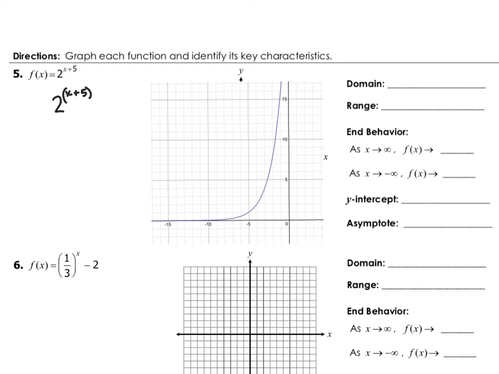Now, what we're going to look at first is the domain. And remember, with the domain, we scan the graph from left to right. And when we are scanning this graph from left to right, we're looking at all the possible x's that the graph will ever hit. So this graph, let's see here. If we scan it from left to right, we see that it starts at negative infinity.